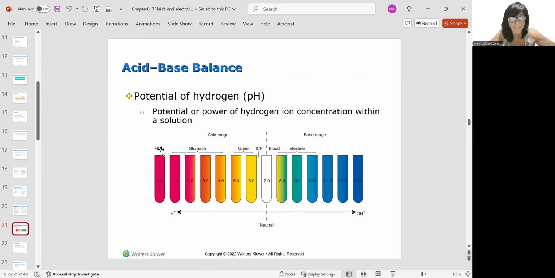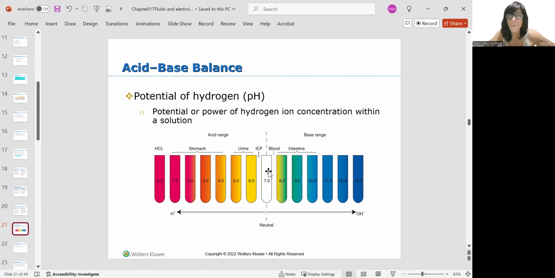That is the strongest type of acid that exists. And that is the acid that will basically eat up a human body. Okay. That's a 0. You see stomach acid is somewhere between a 1 and somewhere around a 4. Urine's a little acidic, between a 5 and a 6.